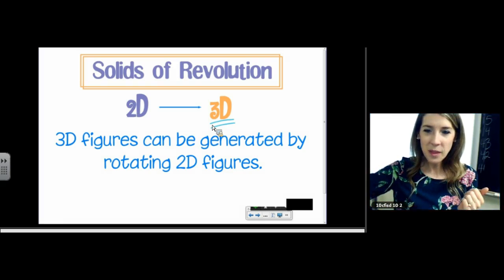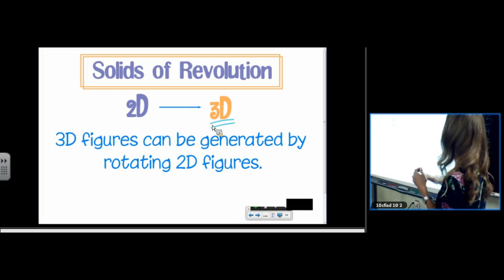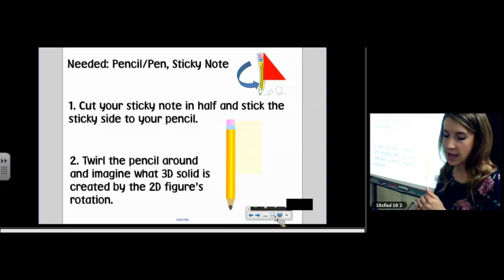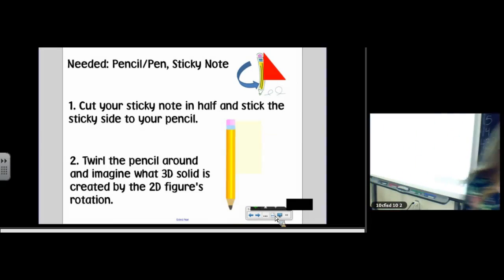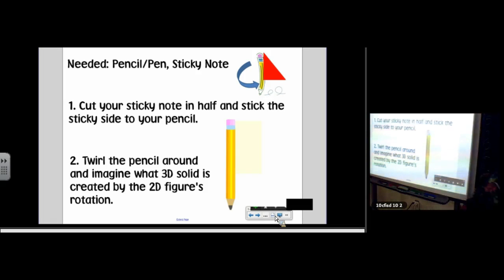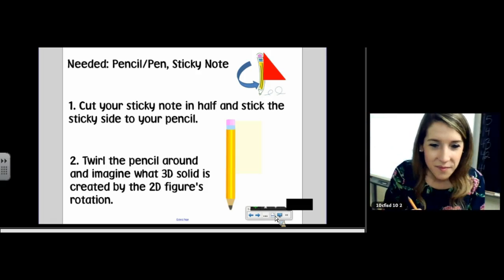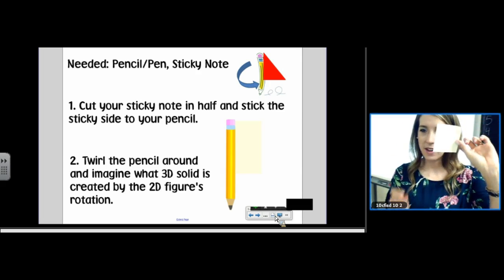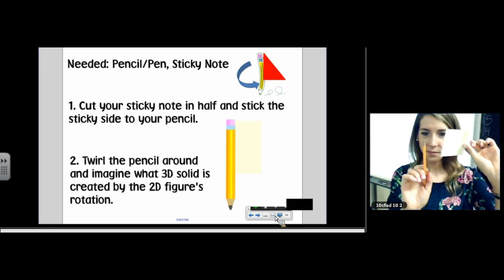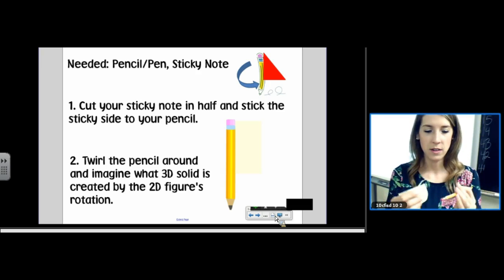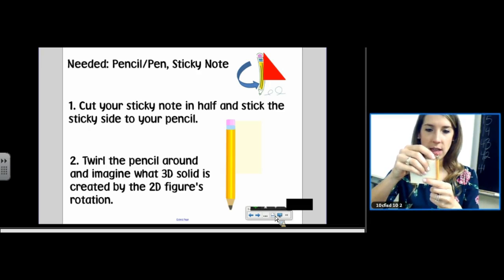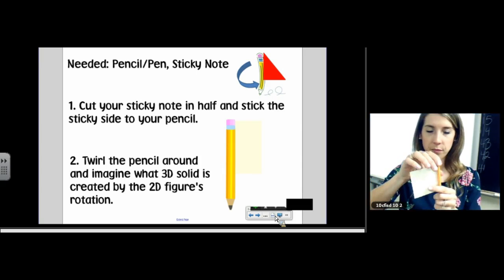Okay, so how we're going to begin this discovery is with a pencil and a Post-it note. If you do have a Post-it note and a pencil, I want you to take that Post-it note and stick it to your pencil like it shows in the picture.